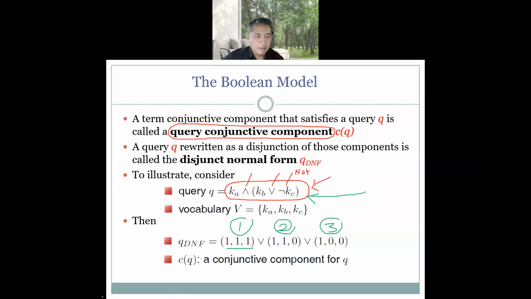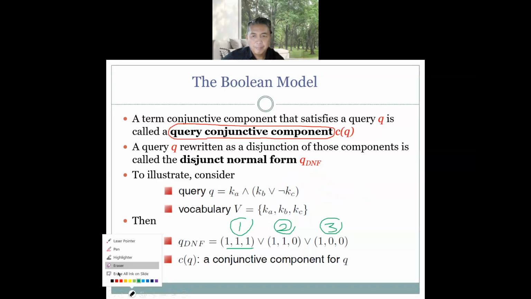For instance, if I use the last one here, I put 100. So this term will become 1. And the whole thing will become 1 because I'm using OR. And then true and true, I will get true.